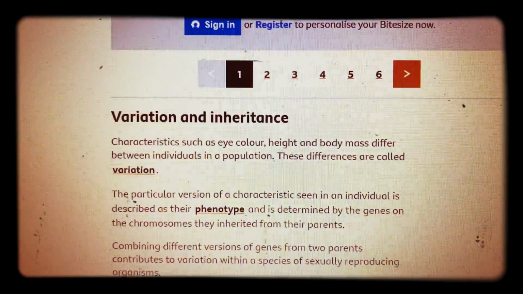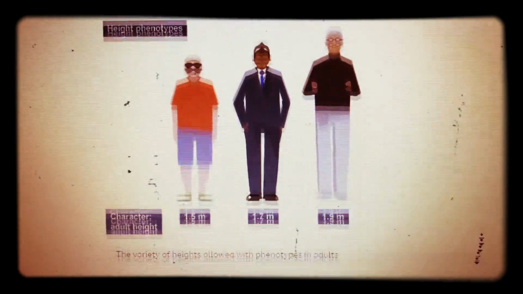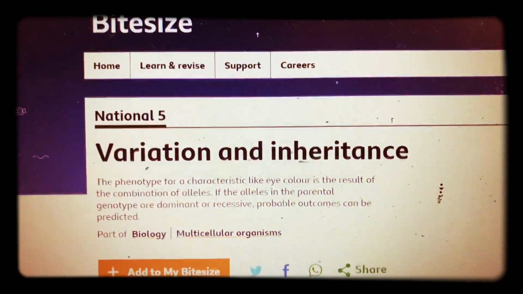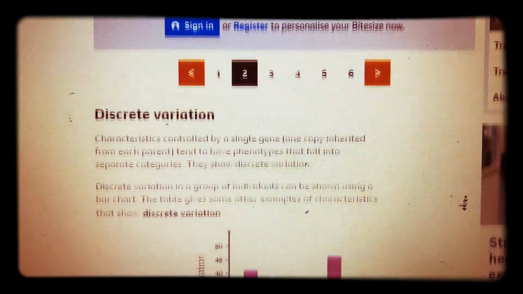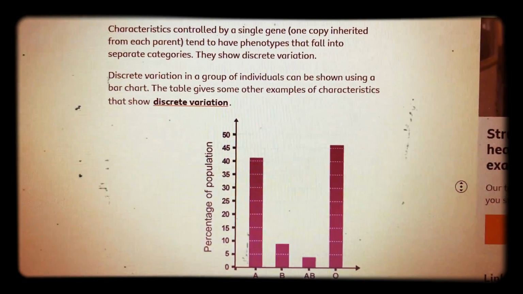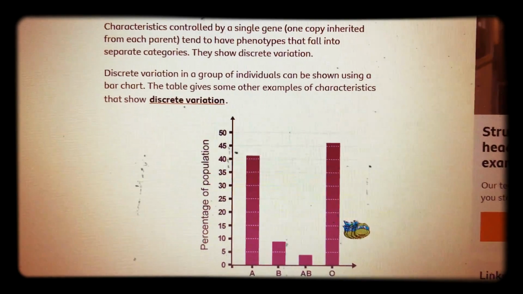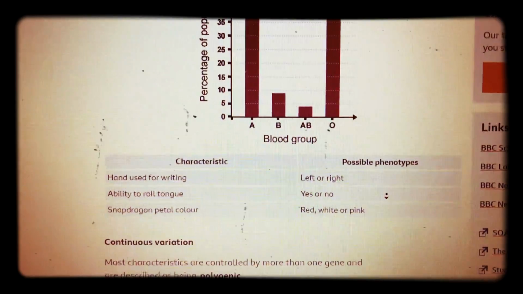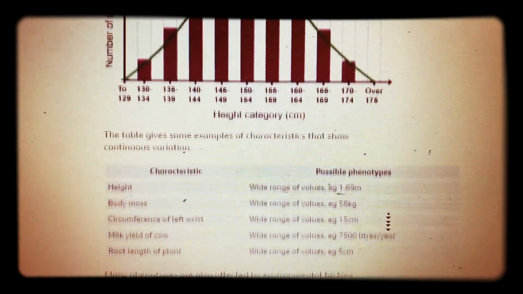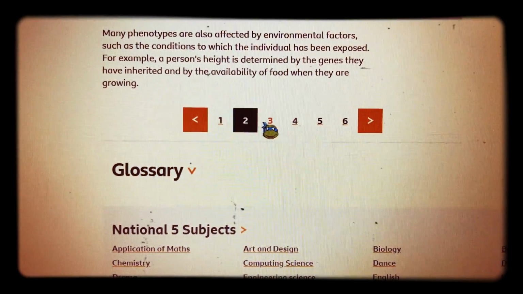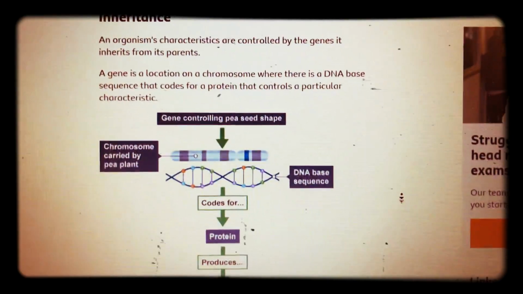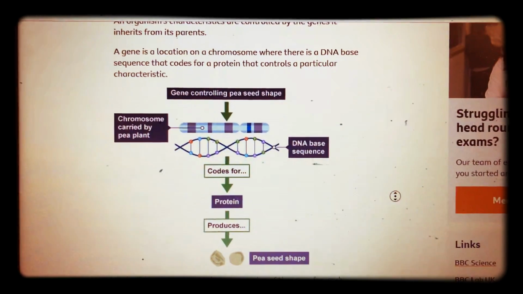Remember, you can pause the video at any moment. I'm going to leave you with some information that is really extension information. Before we do this, remember we talked about blood groups and discrete variation, and we talked about continuous variation. Please make sure that you understand both of those points. I'm going to leave you with this information on the screen.